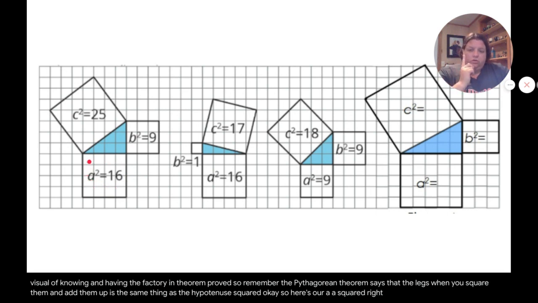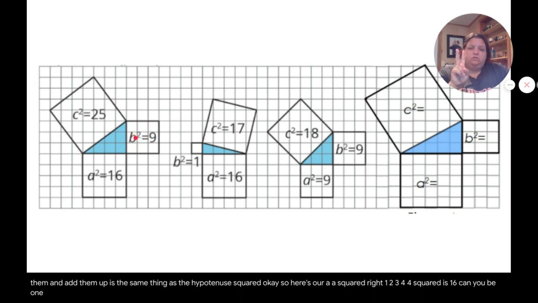Okay, so here's our A squared, right? 1, 2, 3, 4. 4 squared is 16. Here's B. 1, 2, 3. 3 squared is 9. So this side is 3. This side is 4.